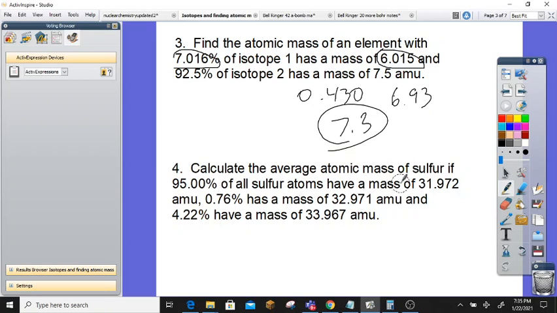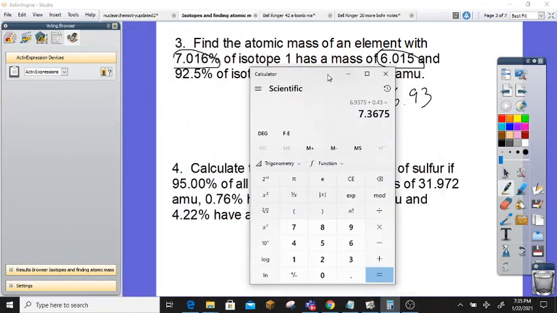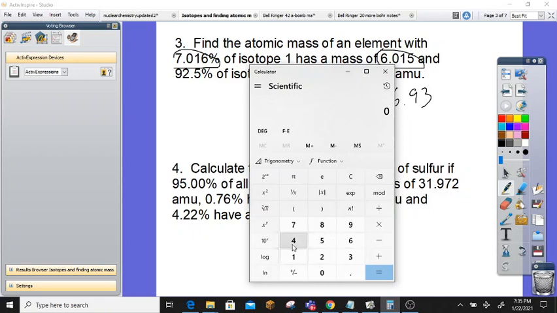Calculate the average atomic mass of sulfur if 95% of all sulfur atoms have a mass of 31.972, 0.76 has a mass of 32.971. Okay, so let's get to it. 0.95 times 31.972, 30.37.